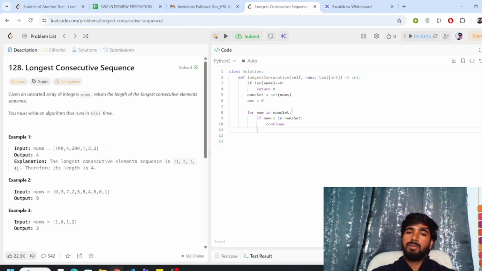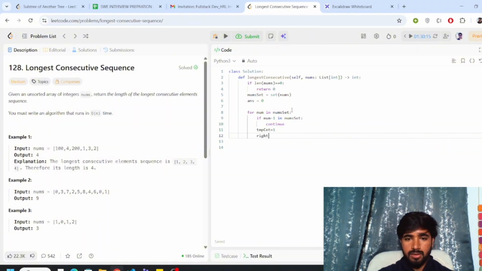Now we need to worry about the right side. So what we can do is set temp count equal to 1, because the current value counts as a 1, right? So at least if we didn't even have the next value in the set, we consider this value as 1.